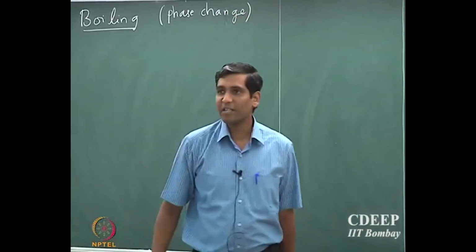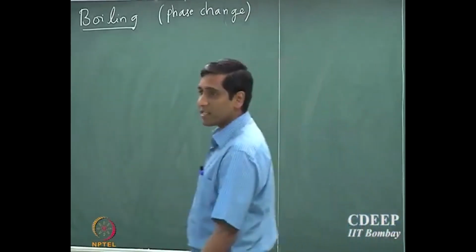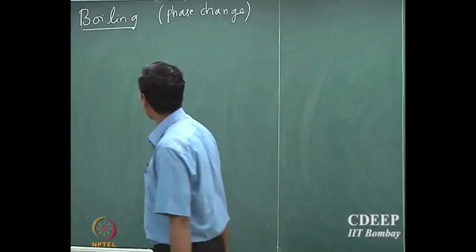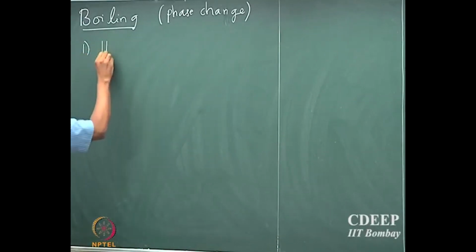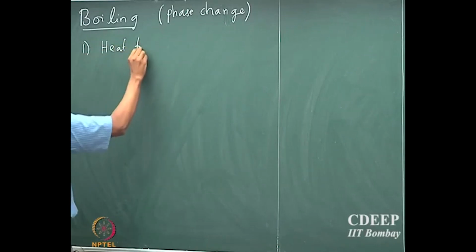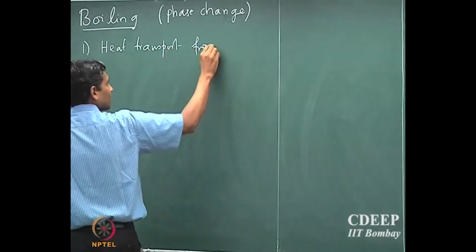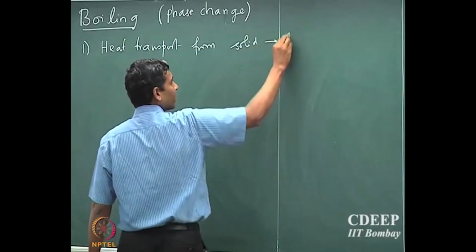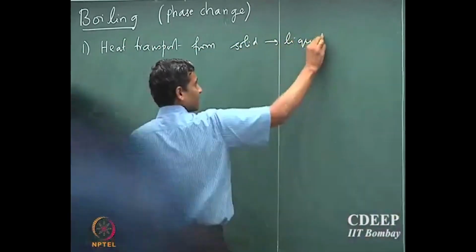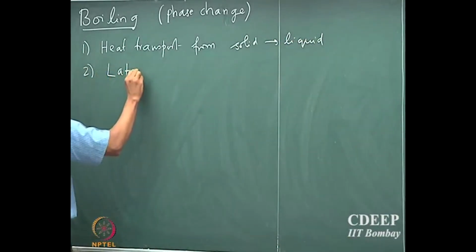So, there is a phase change involved in the boiling process, and in fact, the same thing is involved in condensation, which will be the next topic that we will look at. So, in boiling, in addition to heat transport from, let us say, solid to liquid, we will also have latent heat.